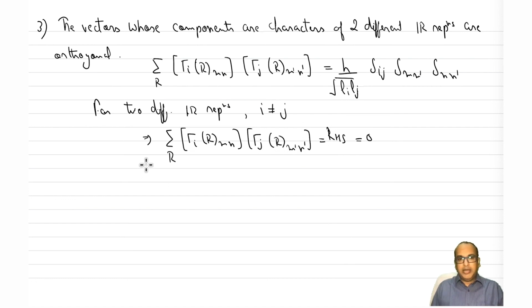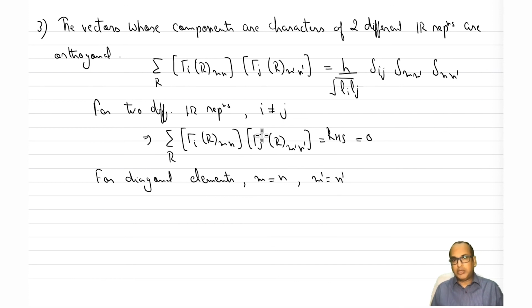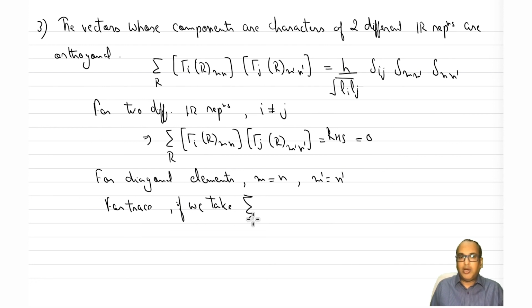Now again for diagonal elements, what you do is equate m equal to n and m prime equal to n prime. We can do that because we are only choosing diagonal elements out of this. So once we do that, and then we take the trace, if we take summation over all m and summation over all m prime, we will get the trace.